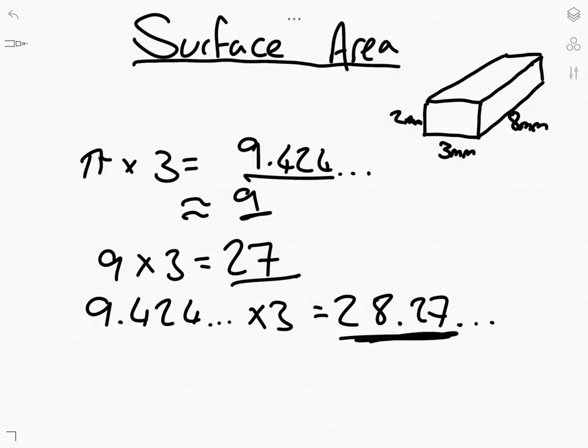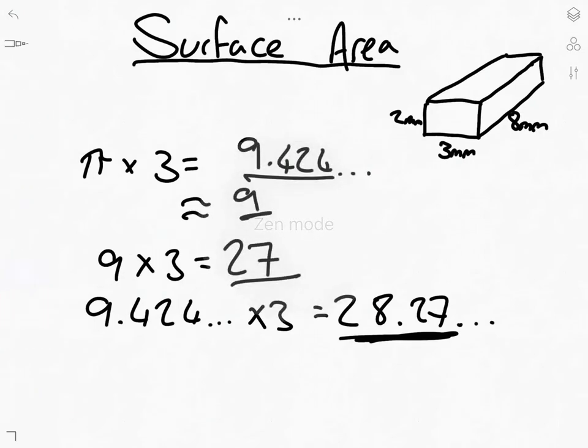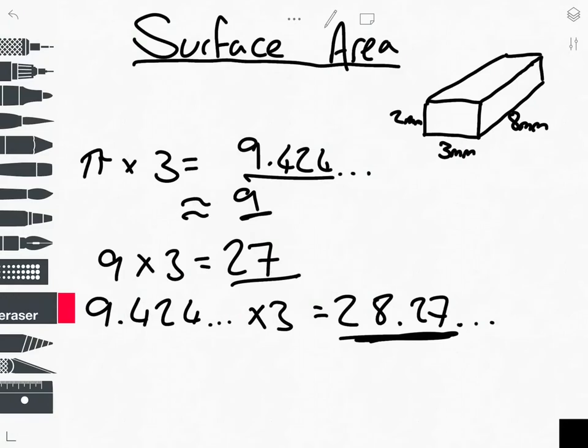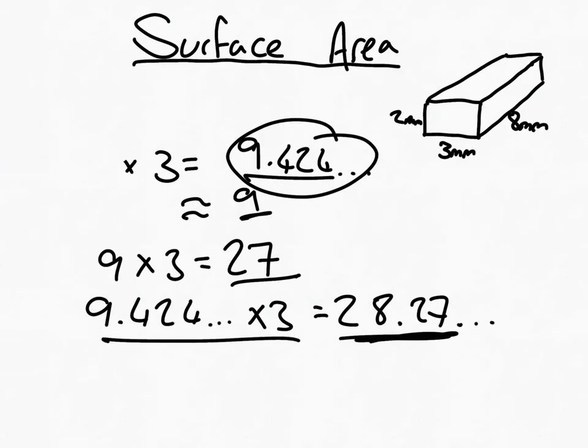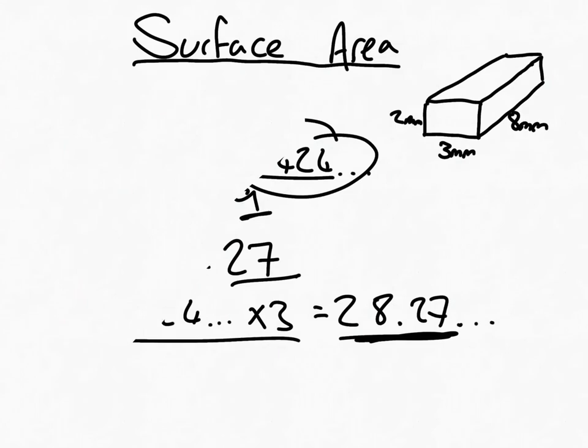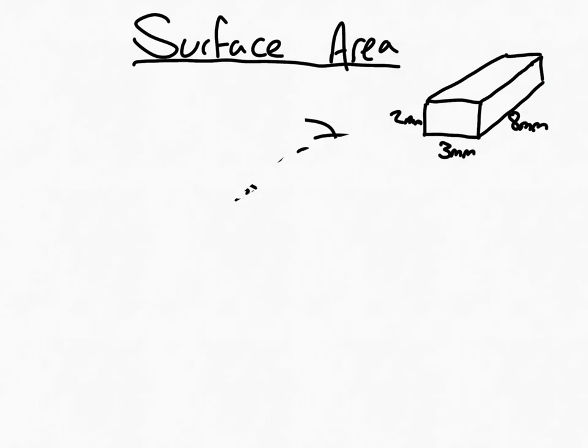So you won't lose all the marks, but you will lose some marks if you round halfway through the question. So when you're using a calculator, just take whatever it's given you and just stick it straight back in the next question. Then you should only round once at the very end. So that's just a quick recap on rounding. A few people were making that mistake, so I thought I'd mention it.